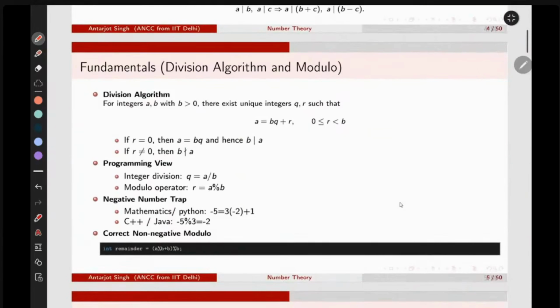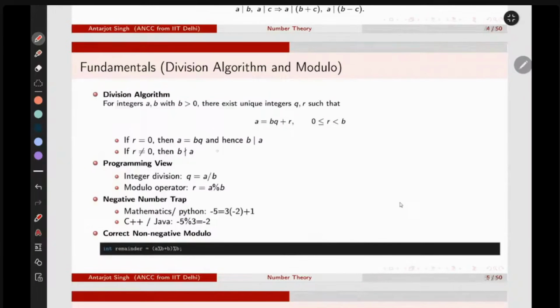Next we are going to cover the division algorithm. Any integer A can be written in this form, where B is greater than 0, R is our remainder and Q is our quotient, which is basically long division written in mathematical form.